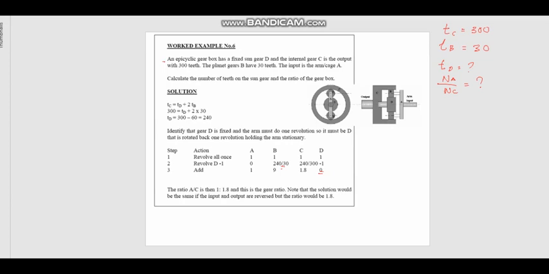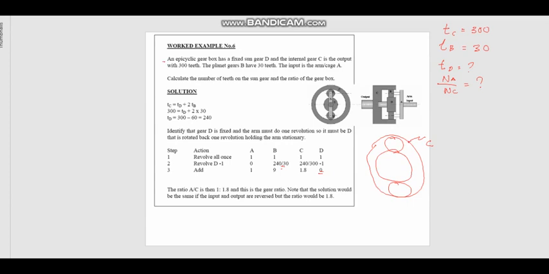So if I resketch this particular gear system, basically I have the output, the outer gear, we call it C, and we have 2 planet gears inside, and we have a sun gear at the center, right?